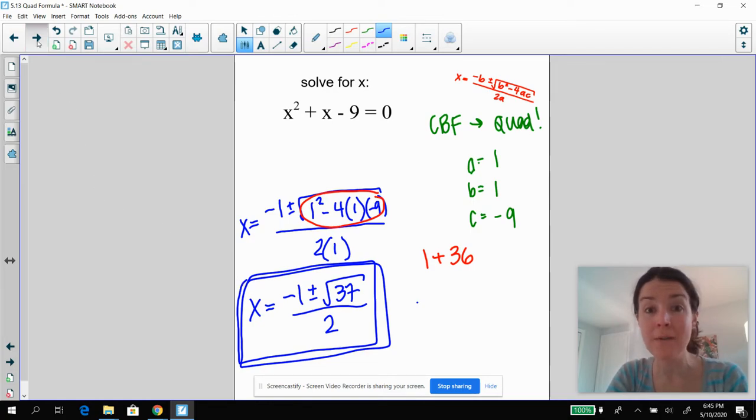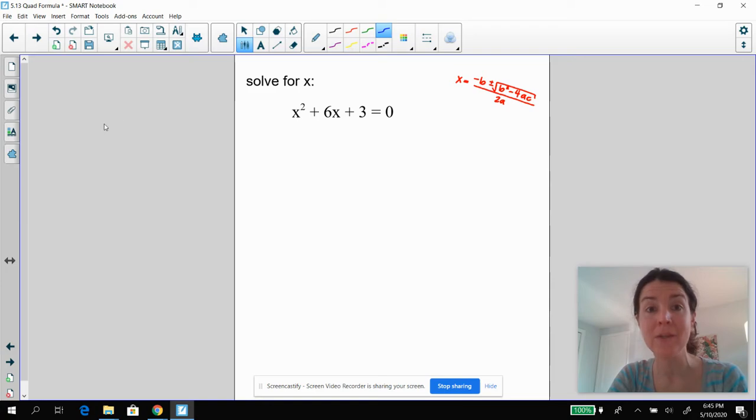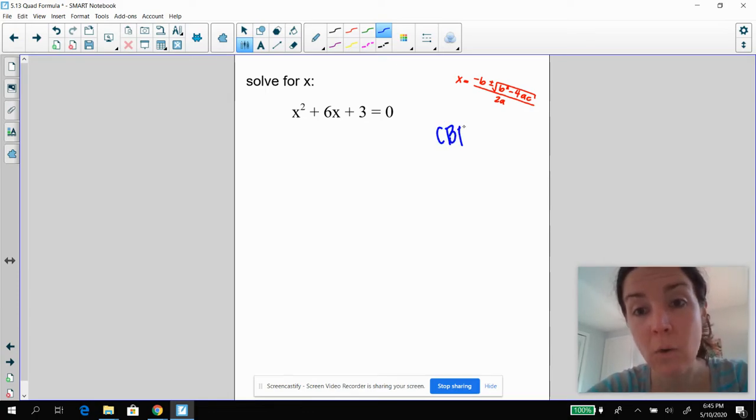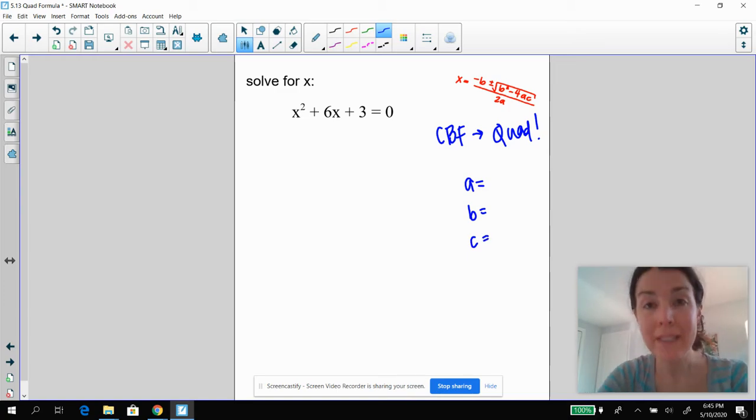So let's try another one, and this one's a little bit more complicated. So again, x squared term, x term, and something else. I can't factor it. So if it's CBF, I'm going to quad it up. So the first thing I need to do is I need to get my A, my B, and my C. Please, please, please write these out.